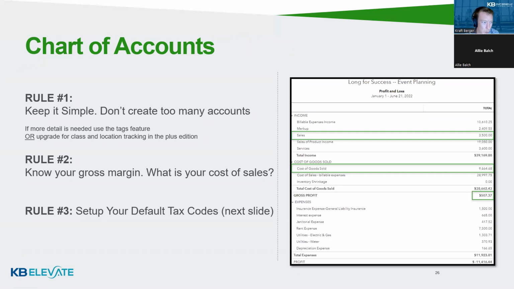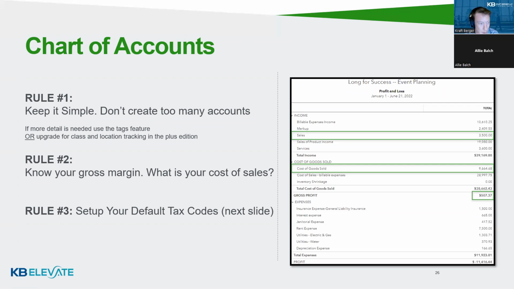I don't have a general rule of thumb for you here, but as an example, if you spend 50 or $100 a year in postage, you mail some items off, there's no real benefit to you to have that broken apart as a postage account. You can probably be comfortable grouping that in with your office expenses.